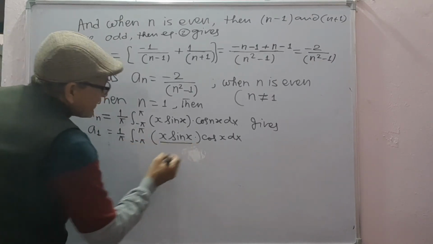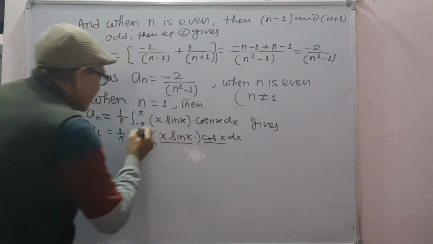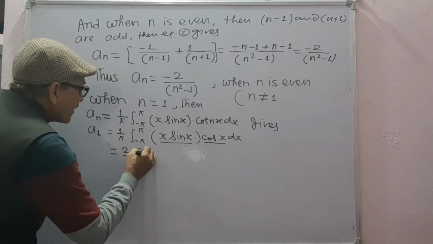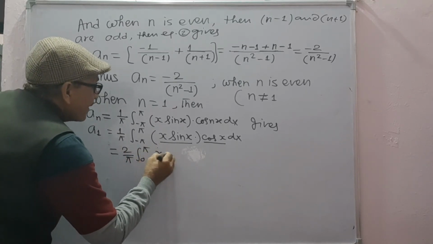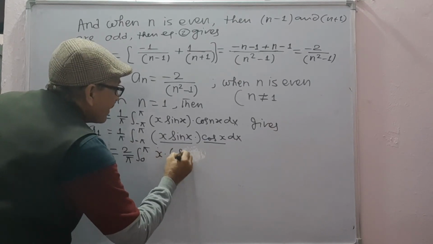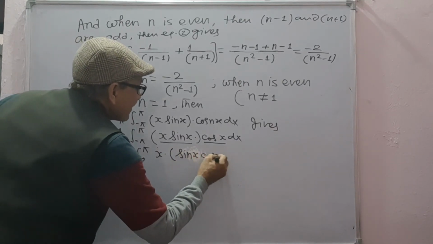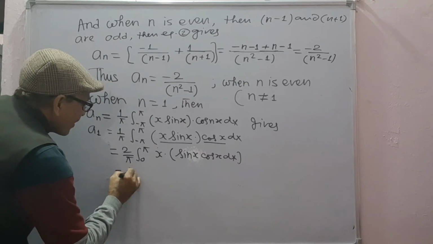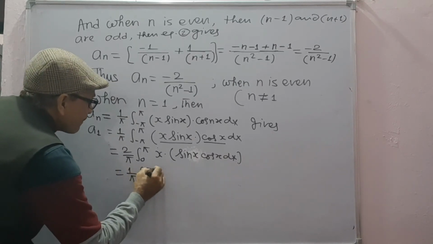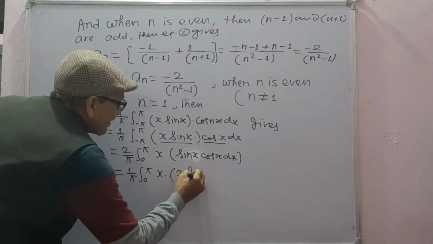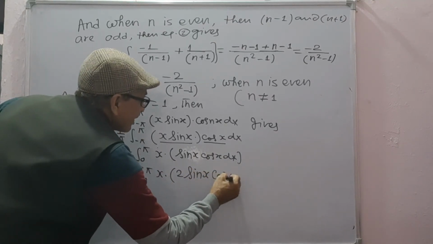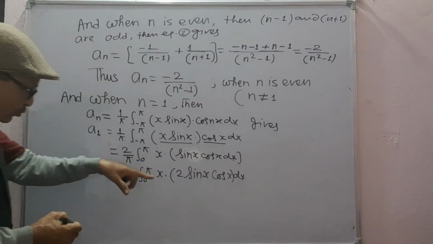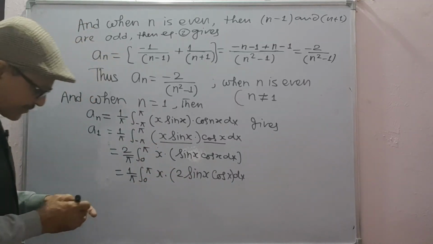Due to symmetry, this is even and this is also even, so due to symmetry we get 2 upon pi integral from 0 to pi of x sin x cos x dx. 2 can be taken here to get 1 upon pi integral from 0 to pi of x into 2 sin x cos x dx, and 2 sin x cos x is sin 2x.